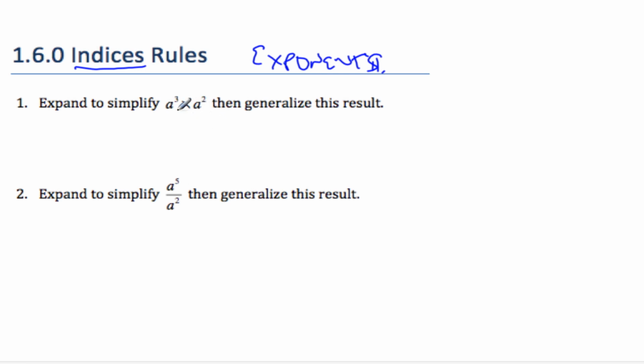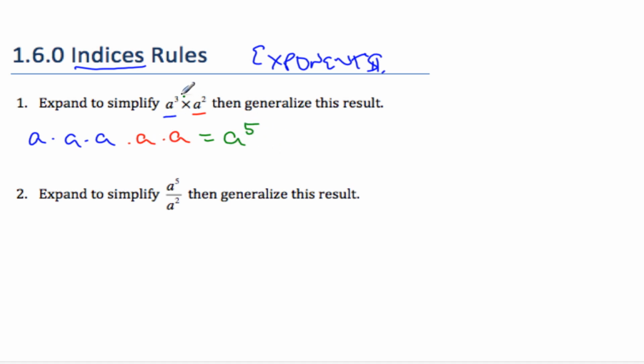Okay, so the first one, we're going to develop some of these rules. It says, expand to simplify a cubed times a squared. And then we're going to generalize the result. Well, we know that a cubed means a times a times a. And we also know that a squared is a times a. And so when I look at those, this is equal to a to the power of 5.